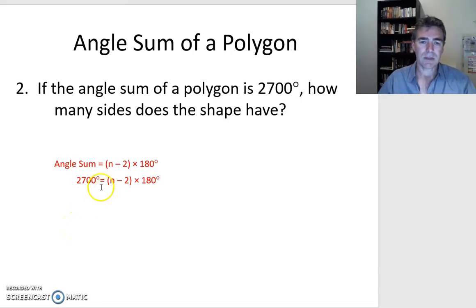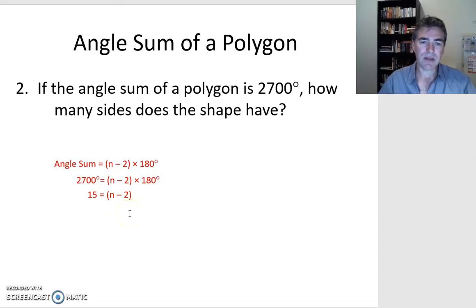Now, we've got to use our equation solving here. So what's the opposite of times? Well, it's divide. So to get rid of that times 180, I'm going to divide both sides by 180. When I do that, 2,700 divided by 180 is 15. And because I did the opposite of times 180, that eliminated, they crossed out. So I've got my n minus 2.